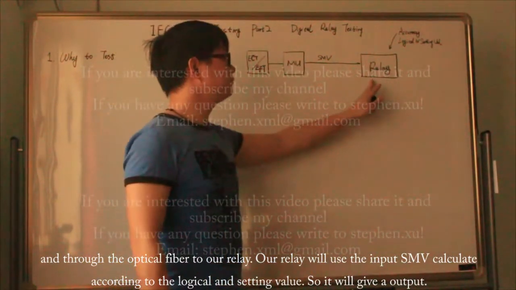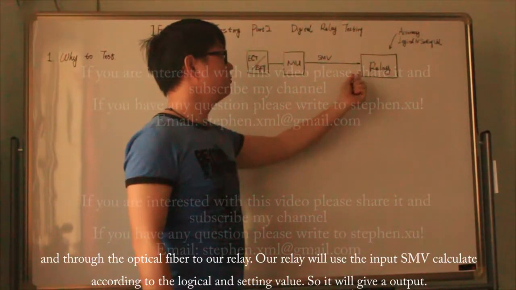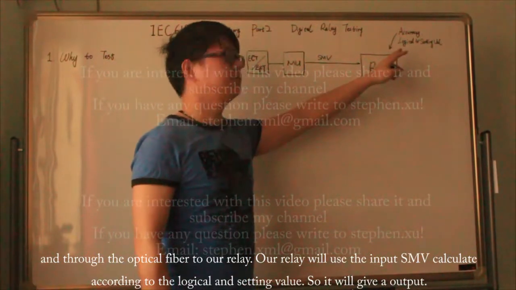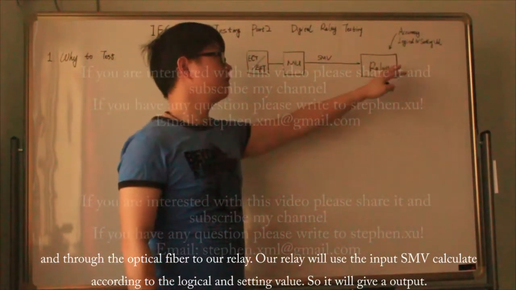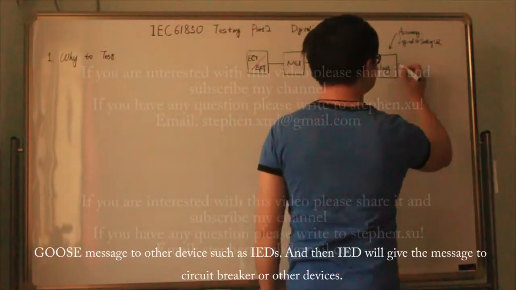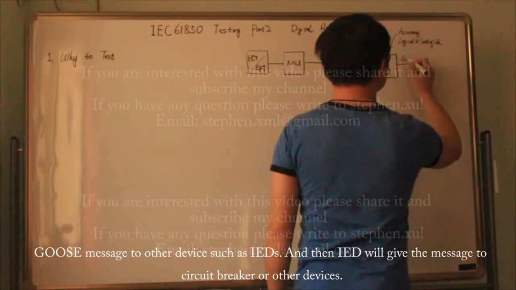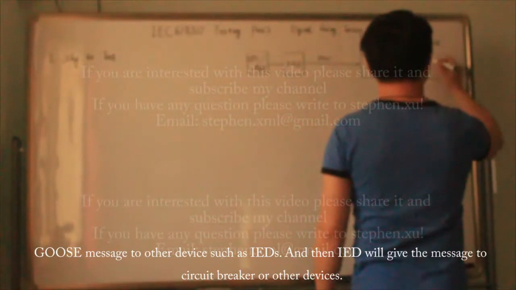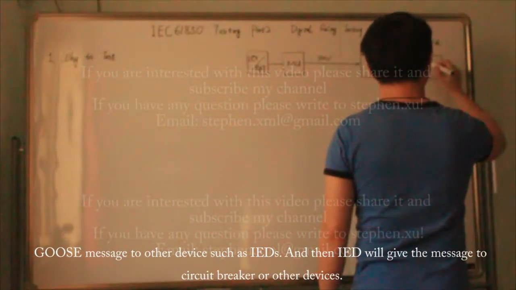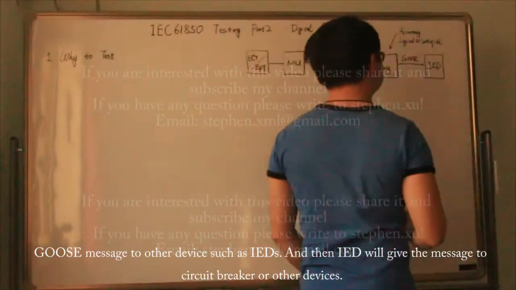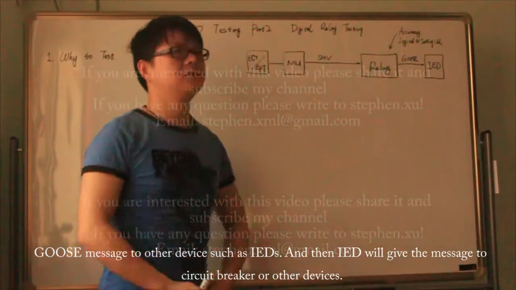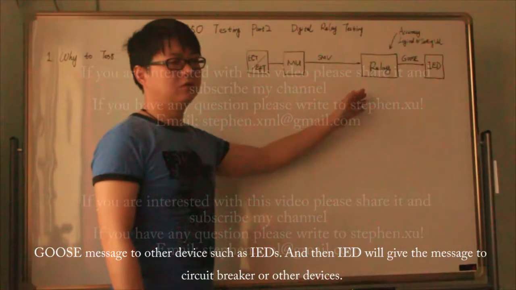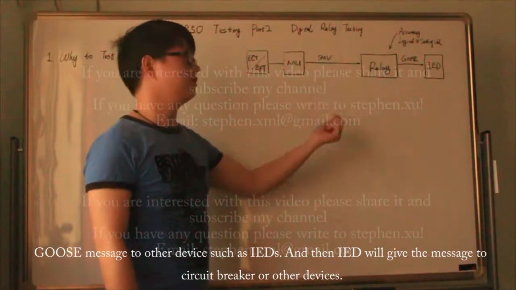Our relay uses the input SMV to calculate, and with its logic and setting value, it will give an output GOOSE message to our other devices such as IEDs, and then the IED will give the message to the circuit breaker or other devices.